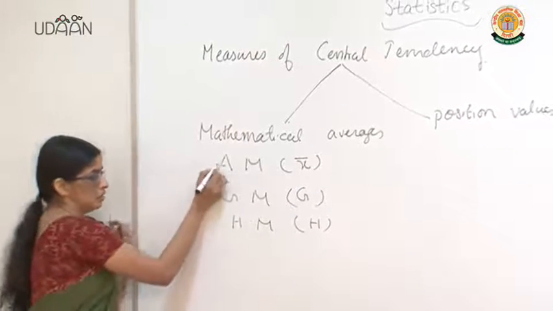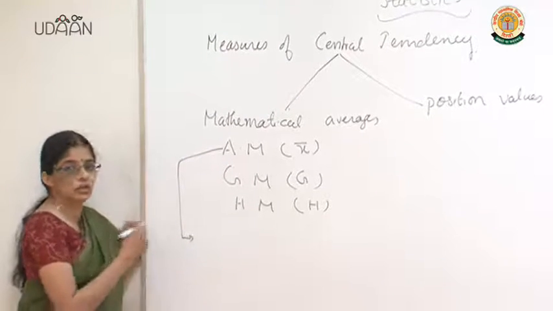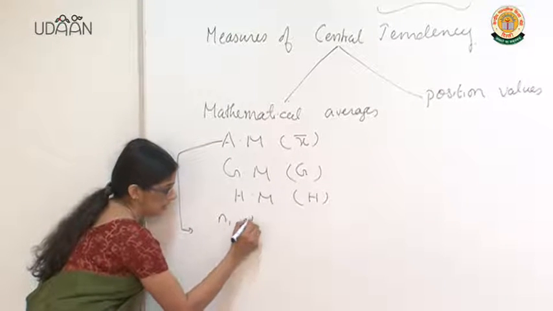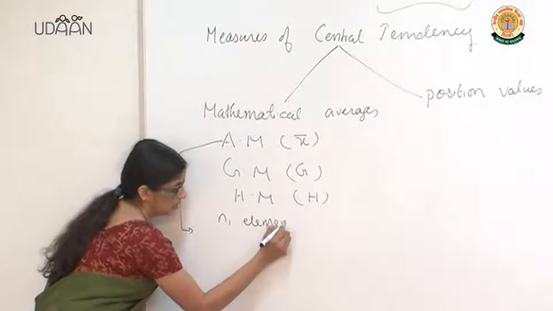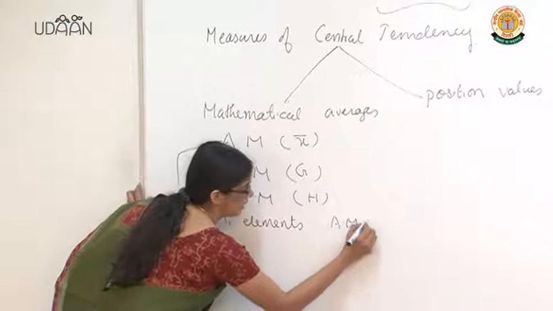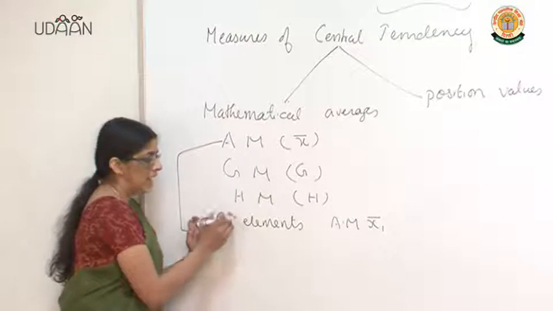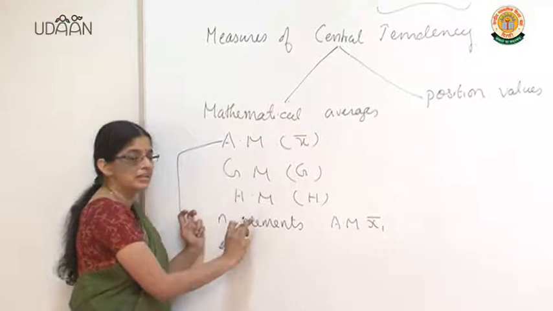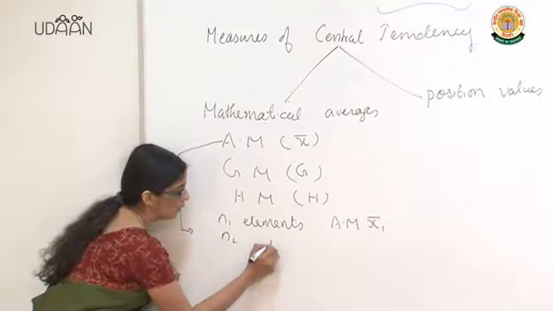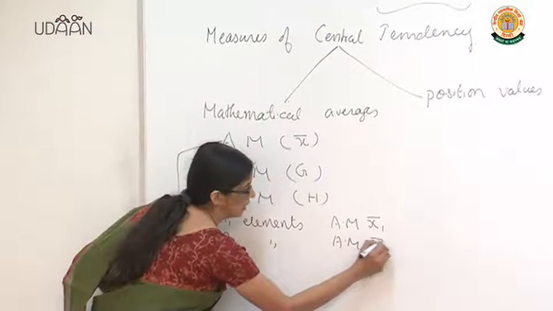I would like to add on to this. Suppose you are given two groups. First group has n1 elements, whose arithmetic mean I will take as x1 bar. आपके पास n1 elements हैं, arithmetic mean of those n1 elements is given by x1 bar, and second group n2 elements whose arithmetic mean is given by x2 bar.